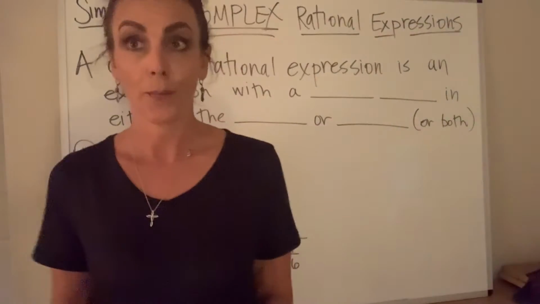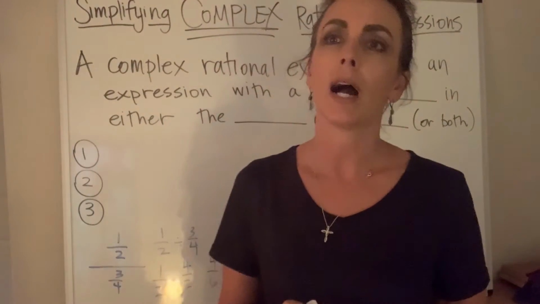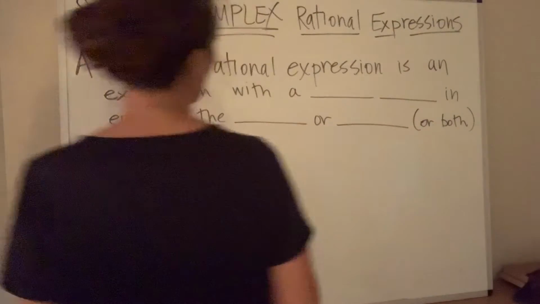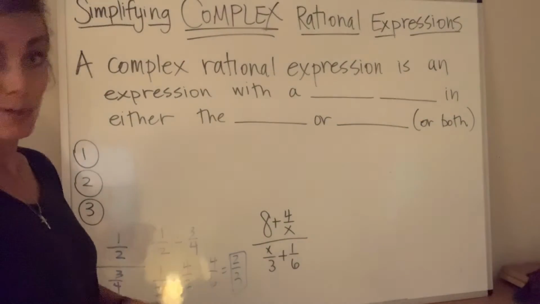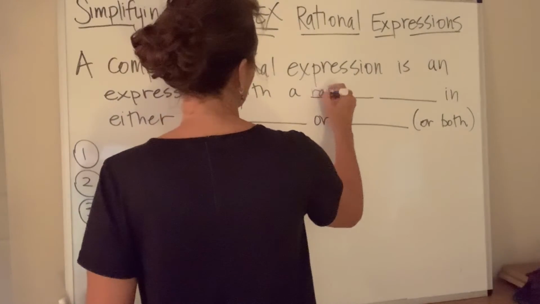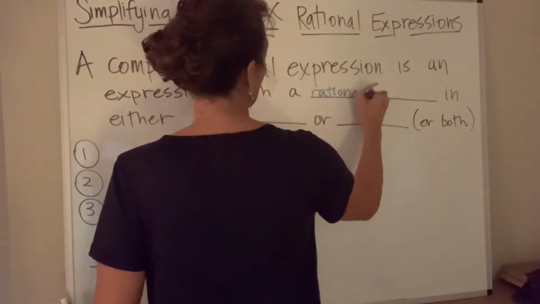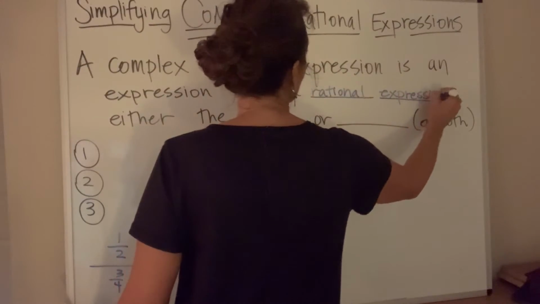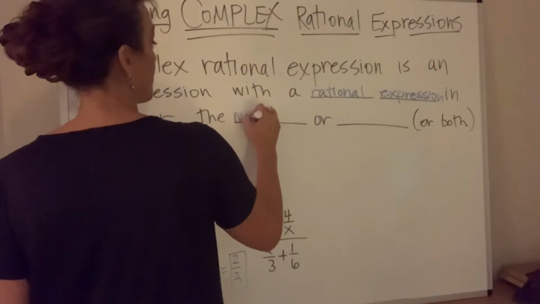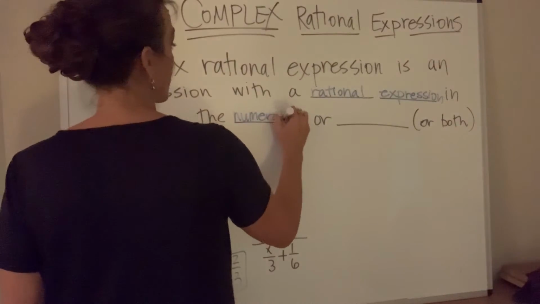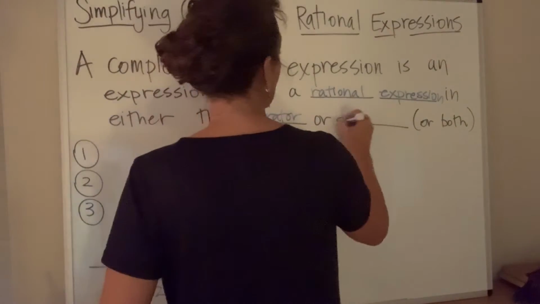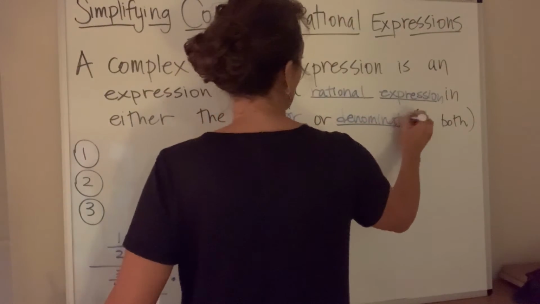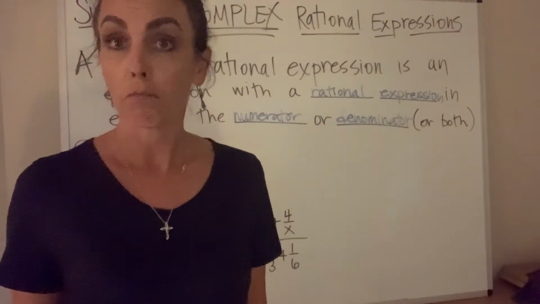All right, so when we're talking about a complex rational expression, it's the same thing. We have an expression with another rational expression in either the numerator or the denominator, or potentially both.